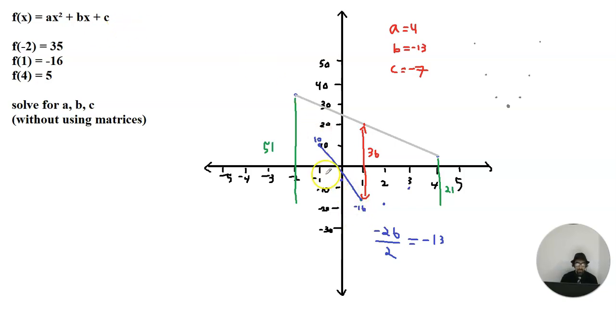You can then plot some of the intermediate points by finding the average distance, if you will, and noting that the differences between your differences, essentially, are just going to be 2 times your a.